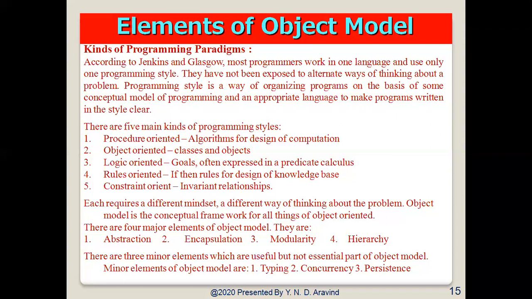So there is no single programming style that is best for all kinds of applications. For example, rule-oriented programming would be best suited for the design of a knowledge base, and procedural-oriented programming would be best for the design of computations or intensive operations.